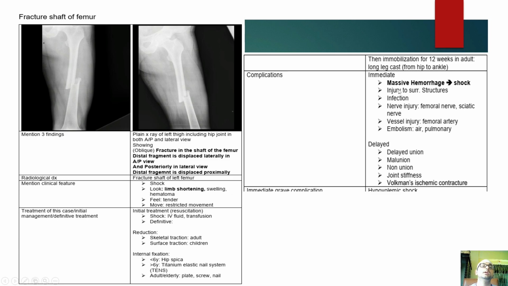Massive hemorrhage, due to a huge blood vessel that goes alongside this limb. That's why these vessels may be ruptured or injured. In that case, the femoral artery may be injured, femoral nerve, sciatic nerve may be injured, delayed union, malunion, which are bone-related complications, and the most immediate grave complication, hypovolemic shock.